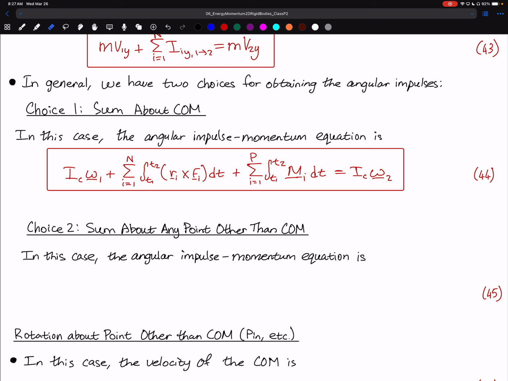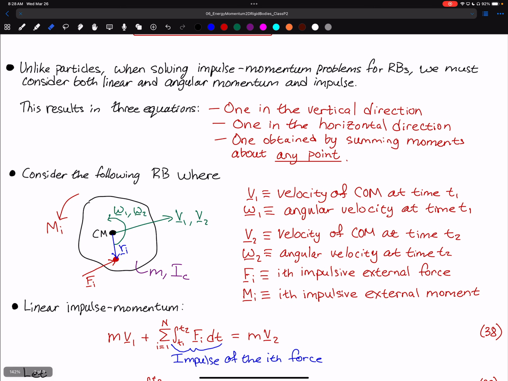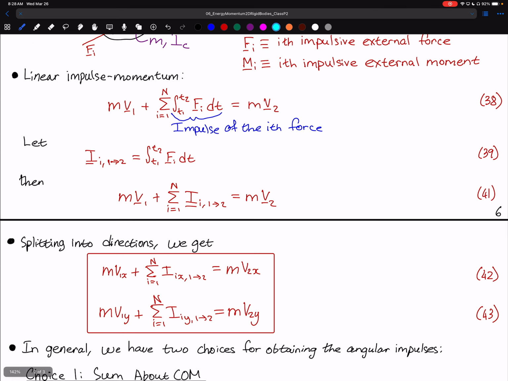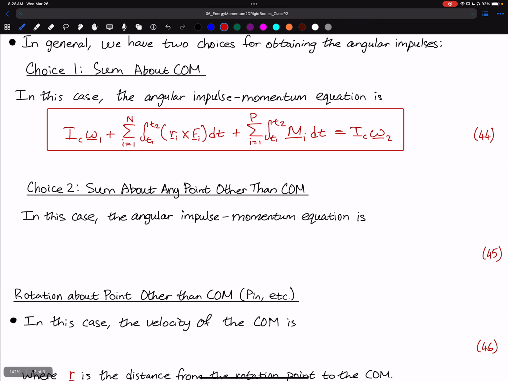Okay, any questions on this? Okay, let's go back to our rigid body, and let's say that we are going to do the summation about some point P instead, and then we'll have a vector from the center of mass, which we'll call r sub P. In this case, we're going to need to incorporate the parallel axis theorem.